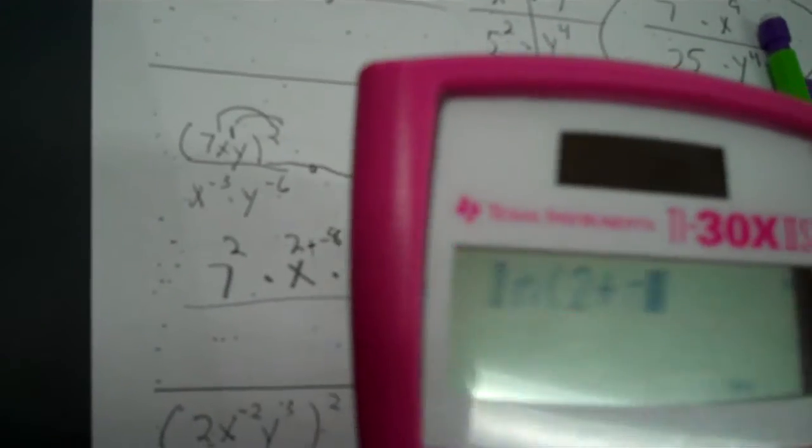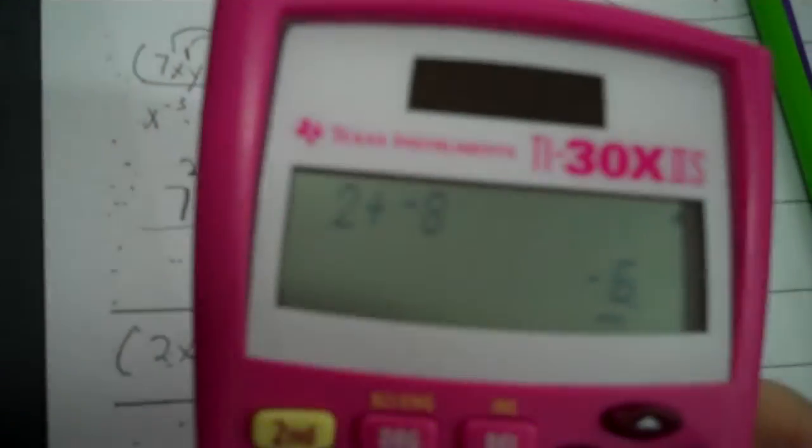So 7 to the 1, 1 times 2 is 2. Now 1 times 2 is 2. And then negative 8. 2 plus negative 8, negative 6. Okay, so x is to the power of negative 6. And the y, 1 times 2 is 2.